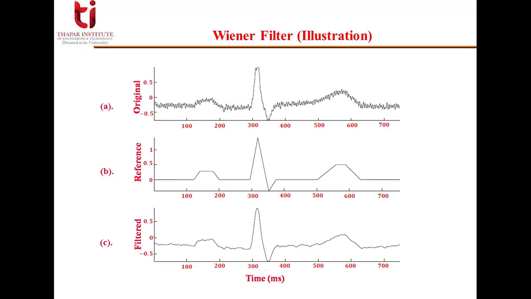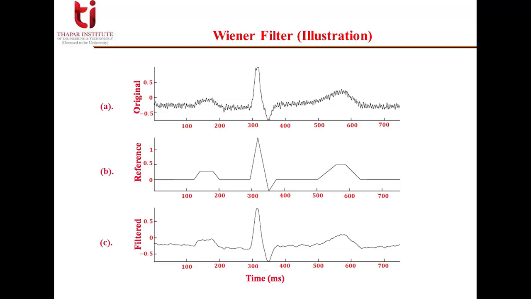It is obtained as a piecewise linear model of the desired version of the signal, obtained by concatenating linear segments similar to the P, Q, R, S and T waves in amplitude, duration and interval in the given noisy signal. So we are taking a piecewise model from the original signal. We are obtaining that reference, and the baseline of the model is set to 0.